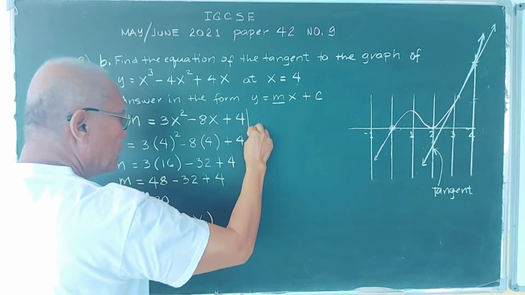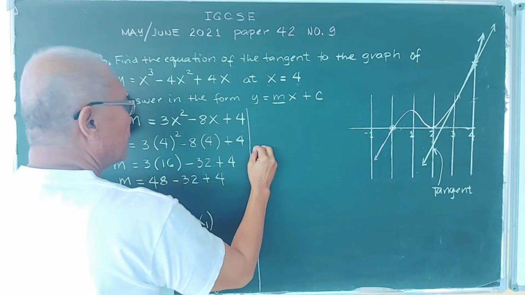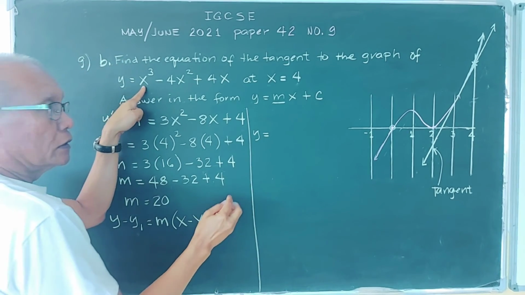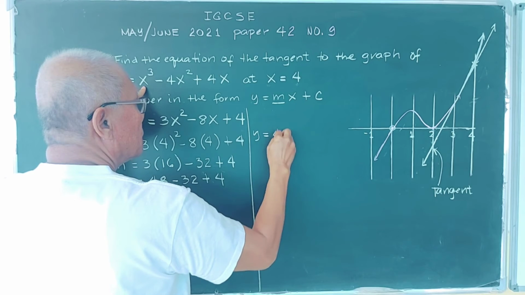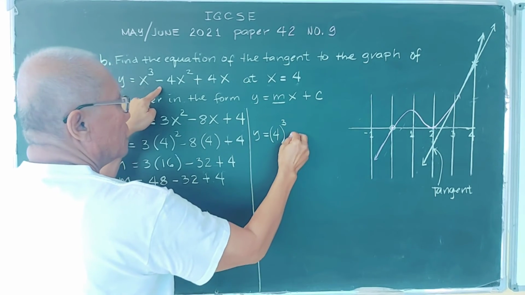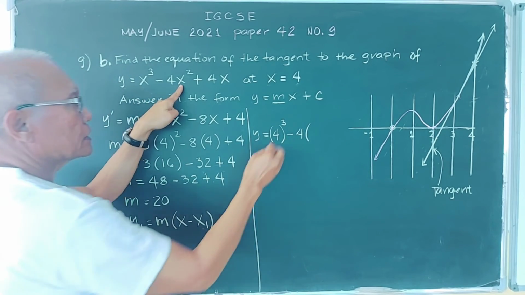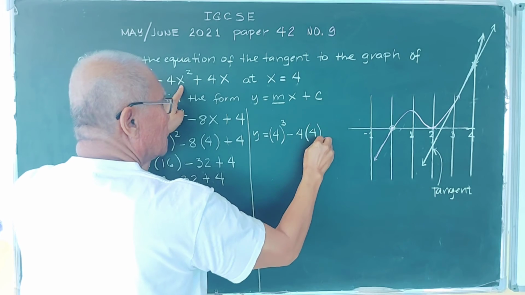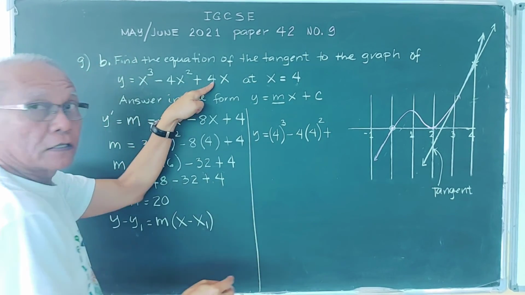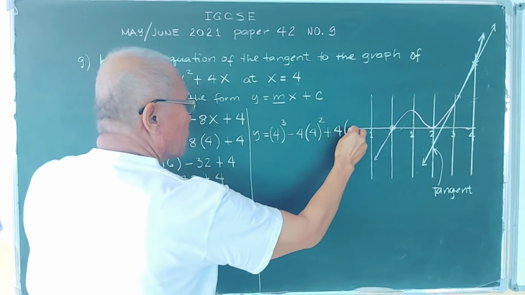So let's have the original here. y is 4 raised to the 3rd power minus 4 times x squared, where x is 4, plus 4 times 4.